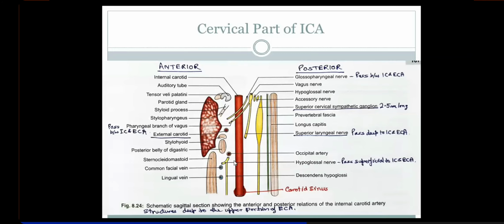So what lies superficial to both is the hypoglossal nerve. What lies deep to both is the superior laryngeal nerve, which is a branch from the vagus. What passes in between the external and internal carotid artery is the glossopharyngeal nerve and the pharyngeal branch of the vagus. Learn this by heart. This is asked in viva, in exams, and in MCQs too.